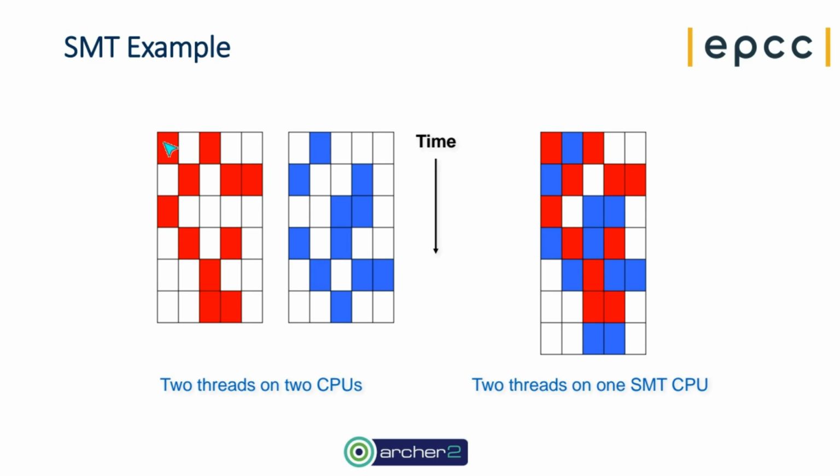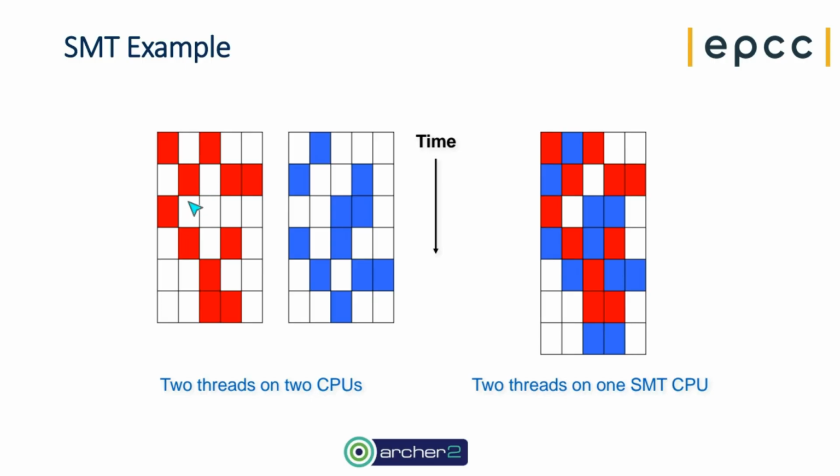In this one, this is the red thread. Where the box is red, that means an instruction was actually issued. It can't use all the instruction slots because there are some dependencies between the instructions.